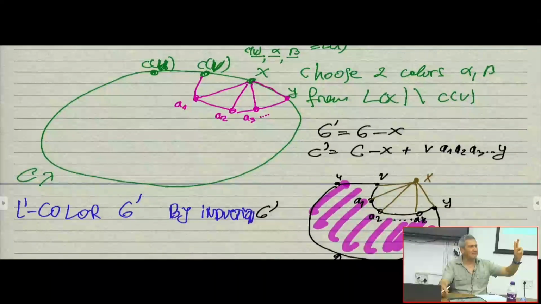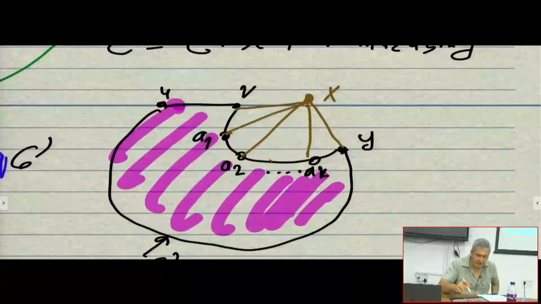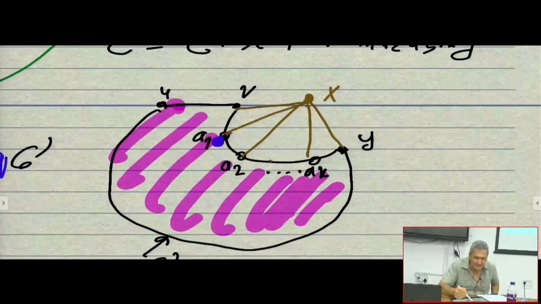Alpha and beta. Can we color X with one of these? Look. We removed alpha and beta from these vertices. Yes? So however we color these vertices, alpha and beta are safe. When we chose alpha and beta, we said they are different from the color of this vertex.